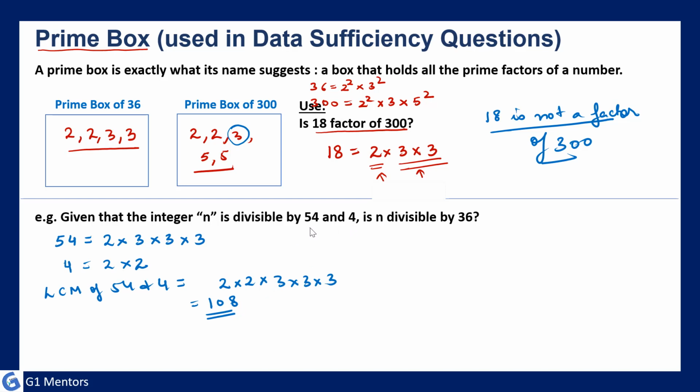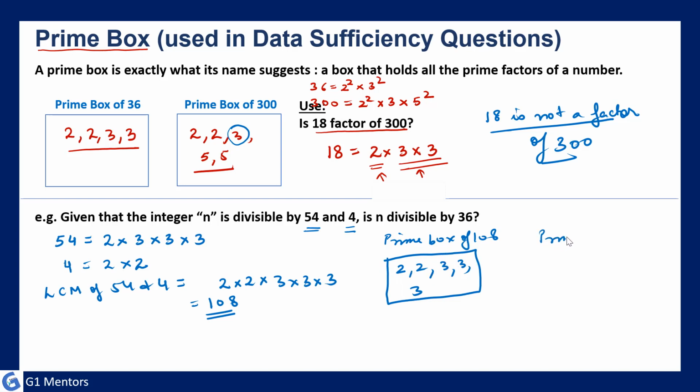Since n is divisible both by 54 and by 4, n is also divisible by 108. So let's create the prime box of 108 first. If we create the prime box of 108, we get 2, 2, 3, 3, 3. This is the prime box of 108. If n is a multiple of 108, how will the prime box of n look?